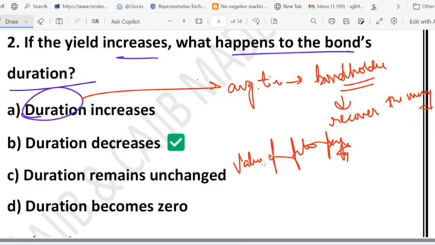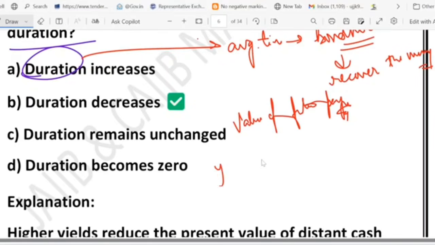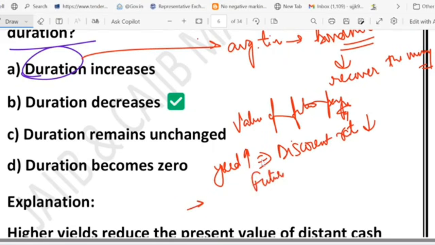Now the question is, what happens when the yield increases? As you can see, if yield increases, then the discount rate will decrease. And what will happen then? Those future payments will get discounted heavily.